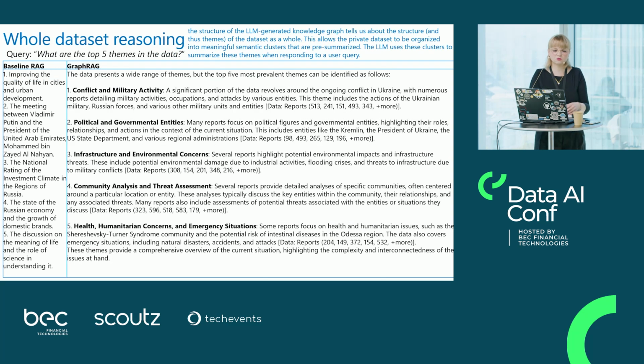Also, when the question was more abstract and needed to go through all of the data set, like what are the top 5 VMs in the data, then baseline RAG performed more or less okay, but GraphRAG performed much more extensively, much more detailed, and probably much more accurate. So this is still a research project, but it is available on GitHub. I didn't have time to test it, but I will definitely do that, and that's pretty interesting.